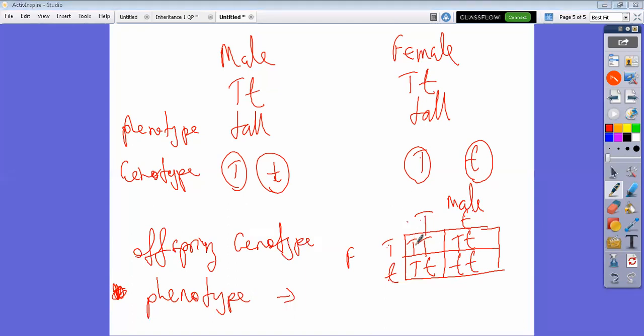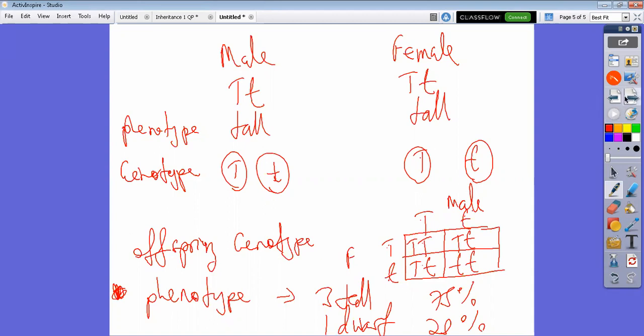We have 3. This is homozygous tall, heterozygous tall, remember tall is dominant. So 3 tall, 1 dwarf. So percentage 75%, 25%. Is that clear? Are we together?